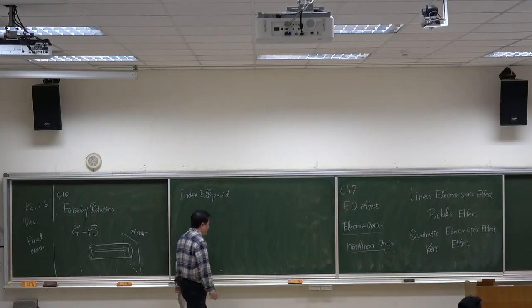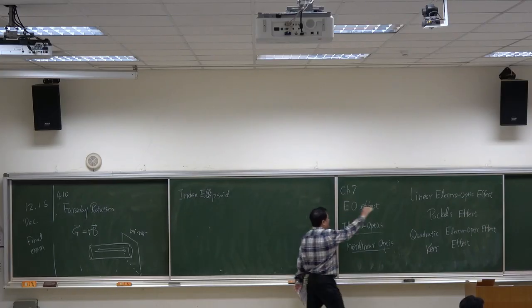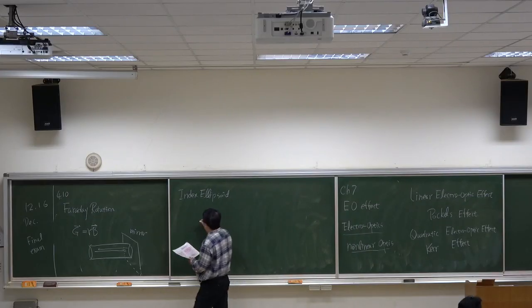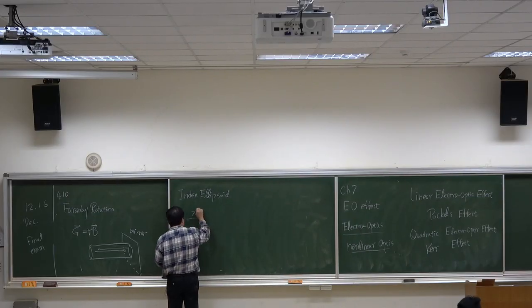If you discuss the Pockels effect and the Kerr effect together, you can think of it this way. Consider the index ellipsoid. Originally, if there is no EO effect, then the index ellipsoid can be written as this one.